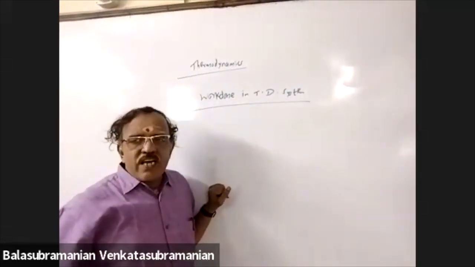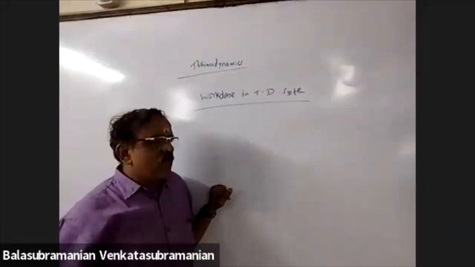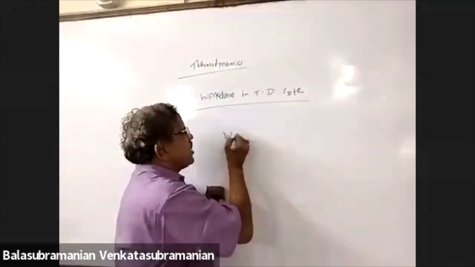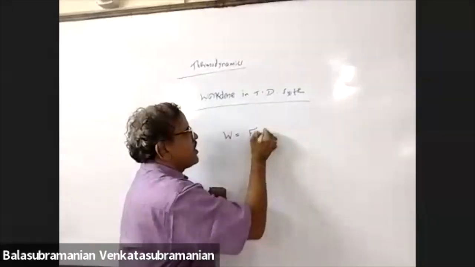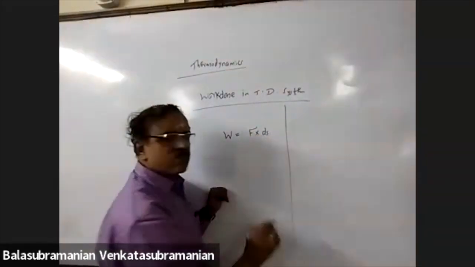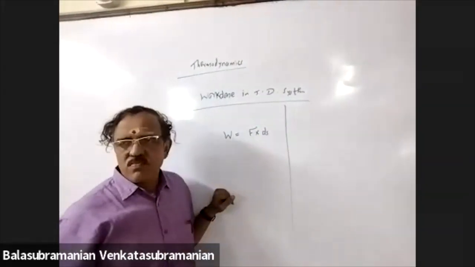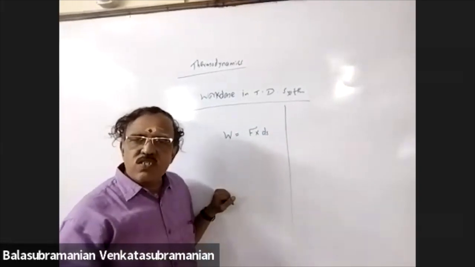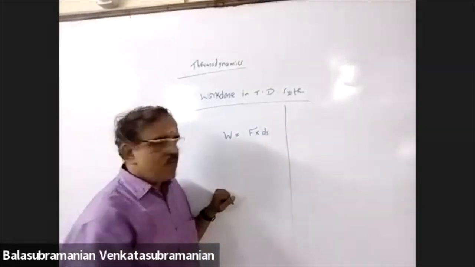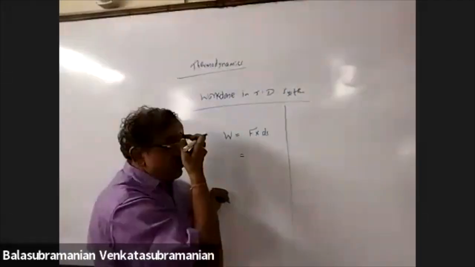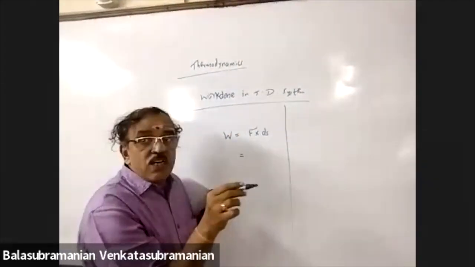So in this case, work done by thermodynamic system, W is equal to force into displacement, F into x. This is the basic formula. Work done is equal to force into displacement. What is force, sir? Force by area, you call it as pressure.